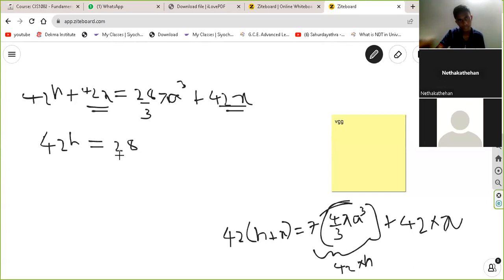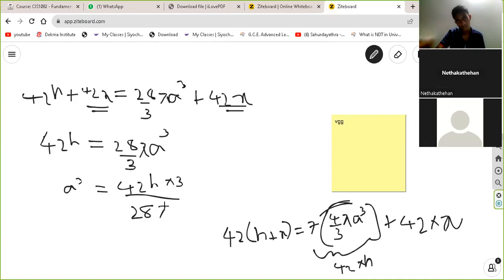Note that in this type of question, you have to use an algebraic approach to get the given answer. Then you have to make the term a to the power 3 the subject. It means 42h over 28 into 5.